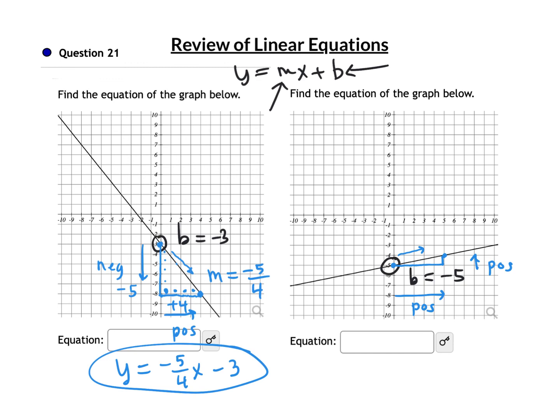Looks like the rise is +1, and the run, I'm going to count the boxes, 1, 2, 3, 4, 5. So it's +5. Rise over run, then, the slope is 1/5. Y equals mx plus b then is y equals 1/5 x, and the intercept was -5, minus 5.